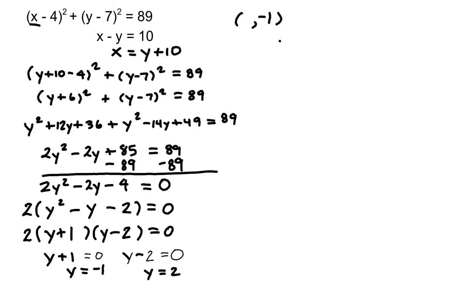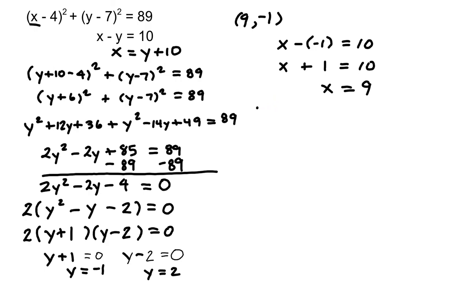So we're going to say x minus negative 1 equals 10. And that's the same thing as x plus 1 equals 10. And if we subtract our 1 there, we should get x equals 9. So when y is negative 1, our x is 9. That's one of our solutions. And we'll double check it here after we find our other solution.